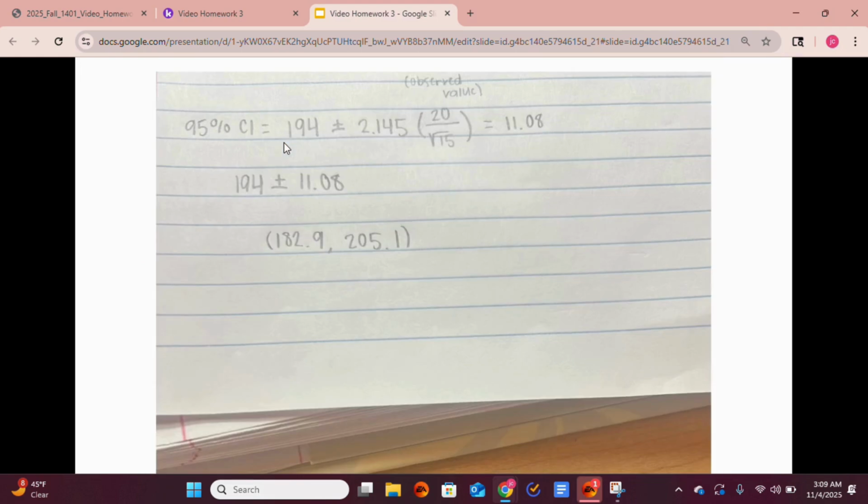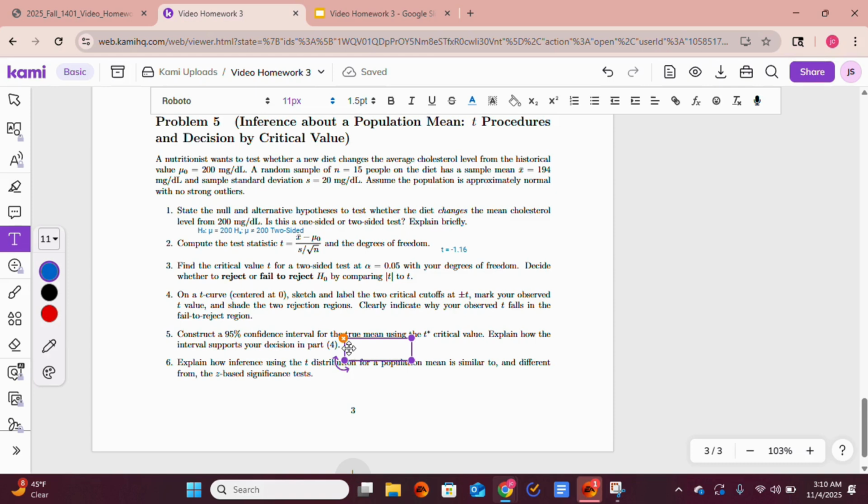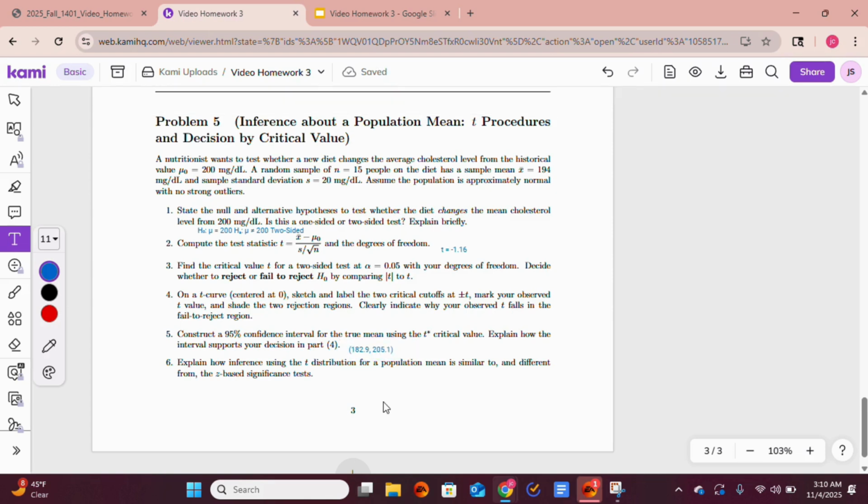When we add and subtract 11.08, we get 182.9, 205.1 as our interval. Since 200 is inside this range, it supports our conclusion.